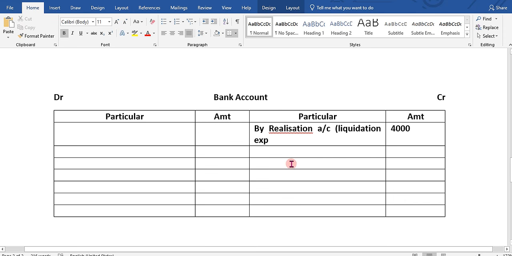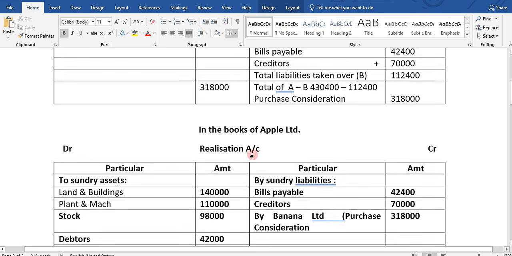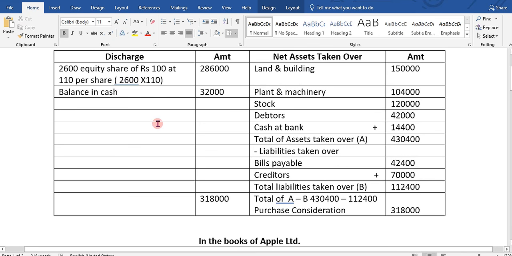Now in the bank account. The discharge of PC was done in the form of equity shares. So the entry of these equity shares we already did: first effect in the equity share account, and second effect in Banana Limited credit side. Now this 32,000 is the balance which is in cash.